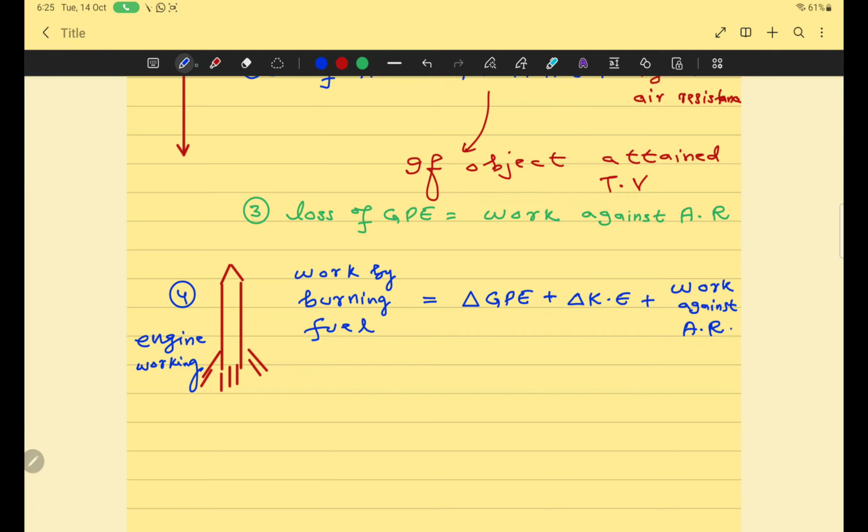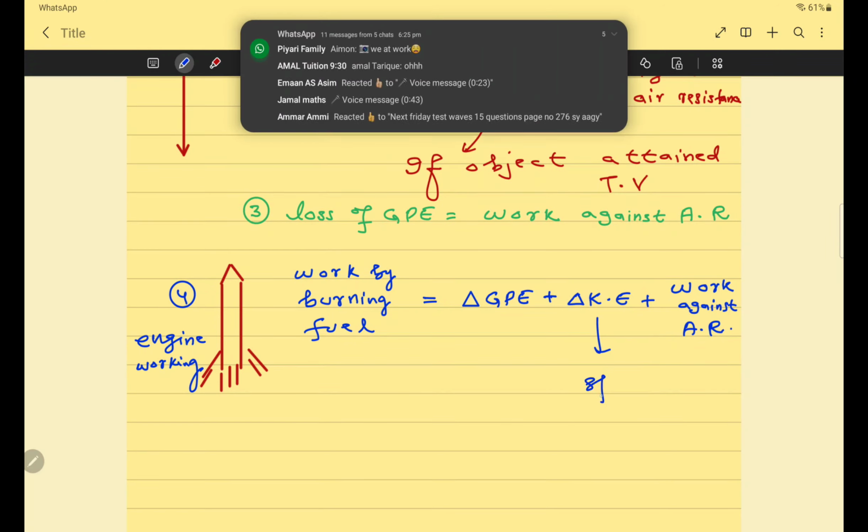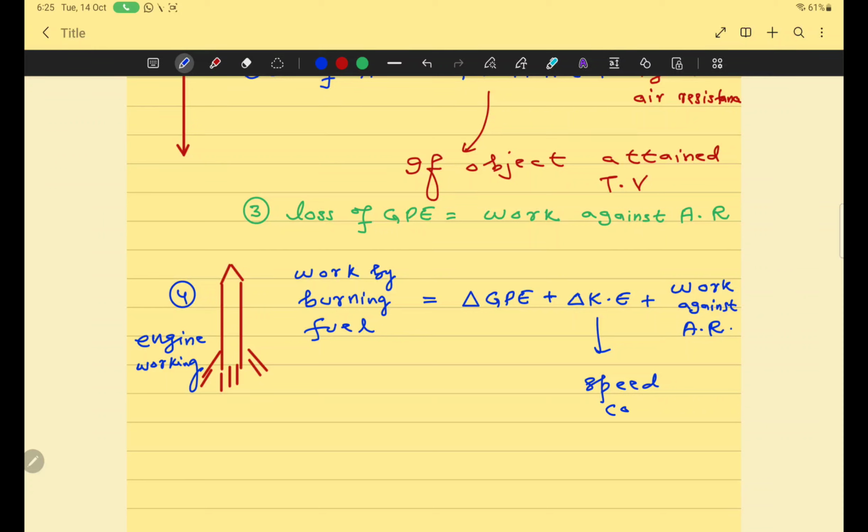If speed is constant, then the kinetic energy change will be zero. If height is constant, sometimes an aircraft is flying at a certain height and it is neither increasing nor decreasing, moving at the same level, then obviously height is not changing.